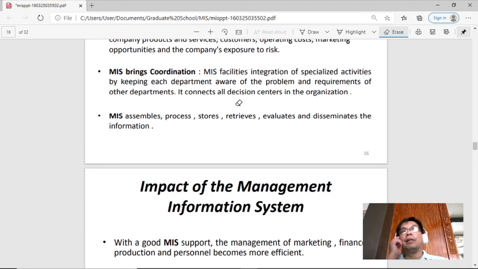So MIS assembles, processes, stores, retrieves, evaluates, and disseminates the information. Of course, these are the basic functions of an MIS.